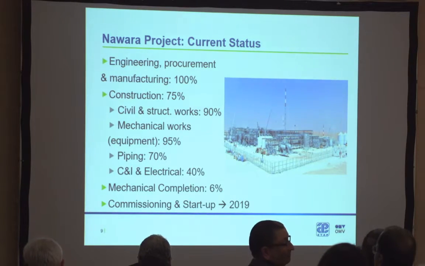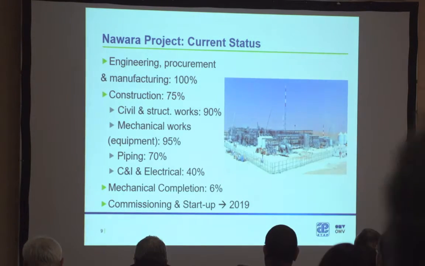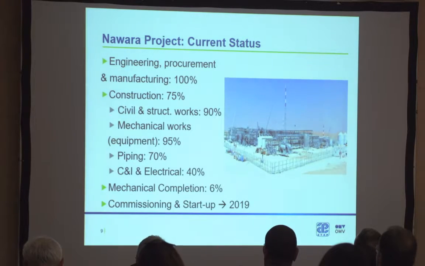So the construction progress is calculated on the different discipline progress. For example, here, yes, so 75%, it is the total of the civil and structural work, which is 90%. Of course, we have the weight of each discipline.